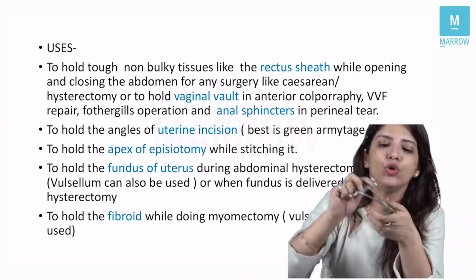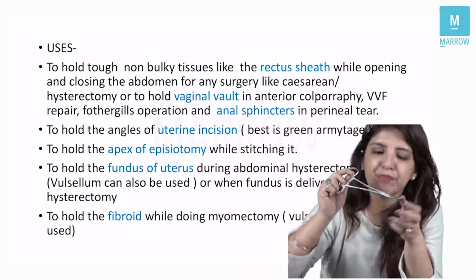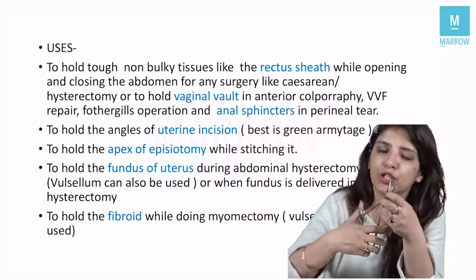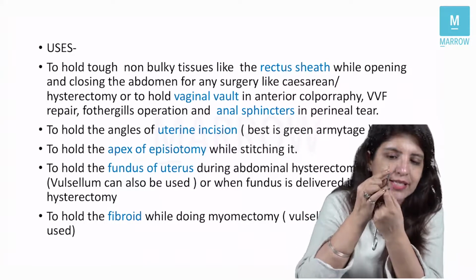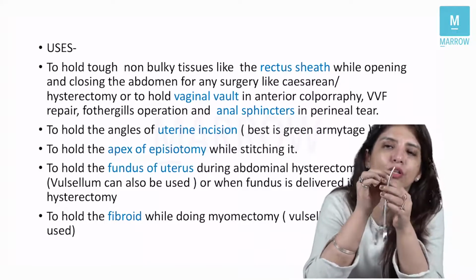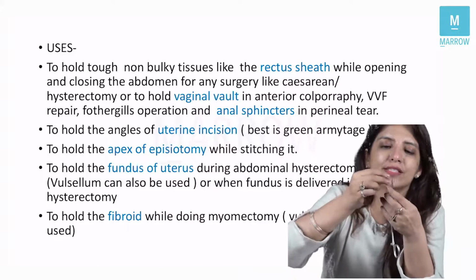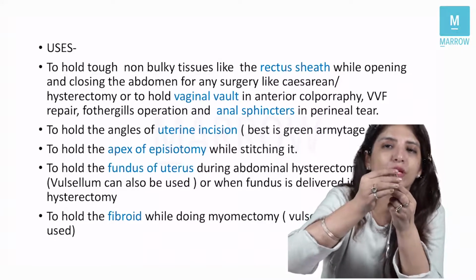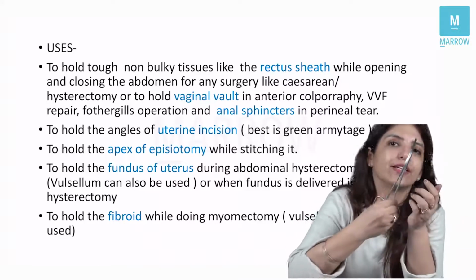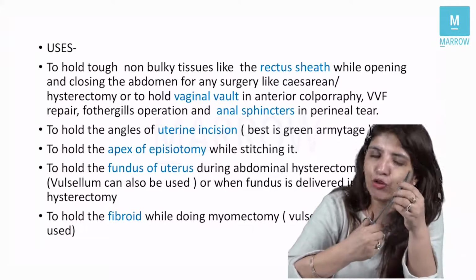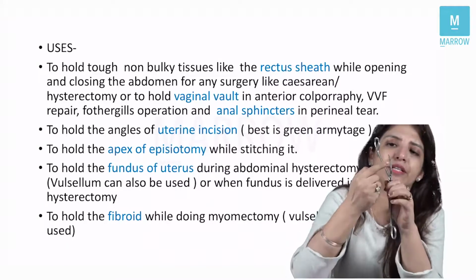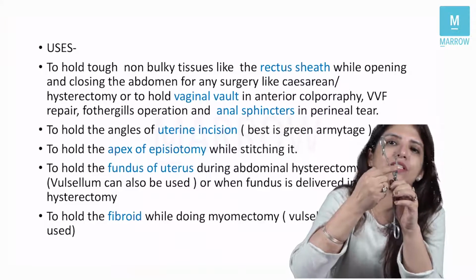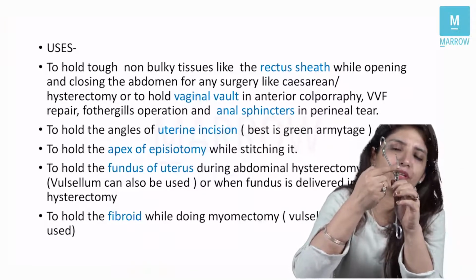Kochers will have no gap between the blades, and when you open it, you will see a single tooth on one side and two teeth on the other side. The single tooth goes into the groove between the two teeth on the other side and it gets closed. Apart from this, the entire length of the blade has transverse serrations.